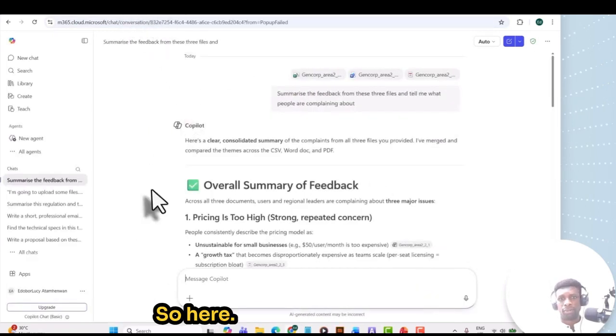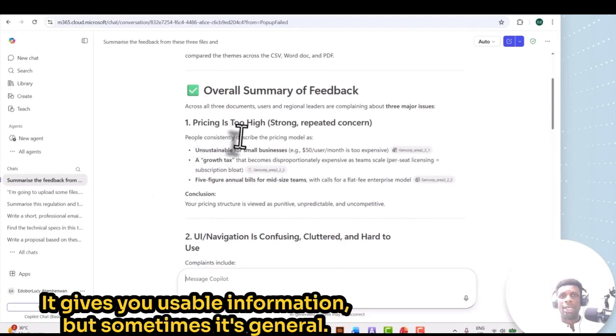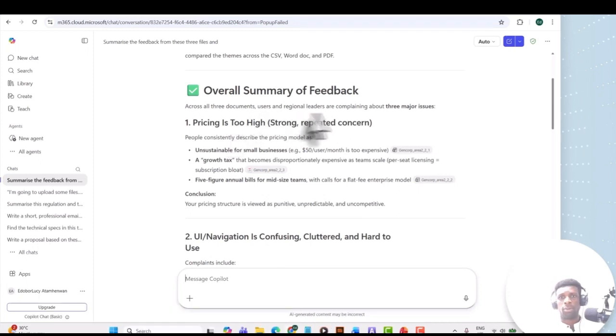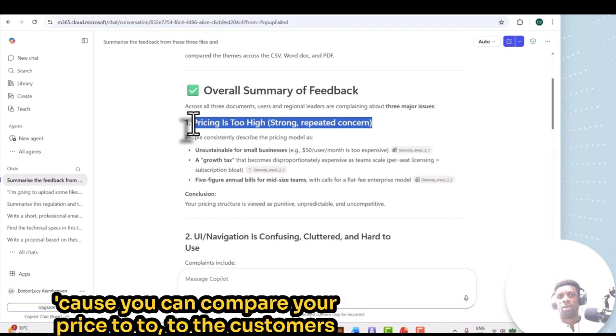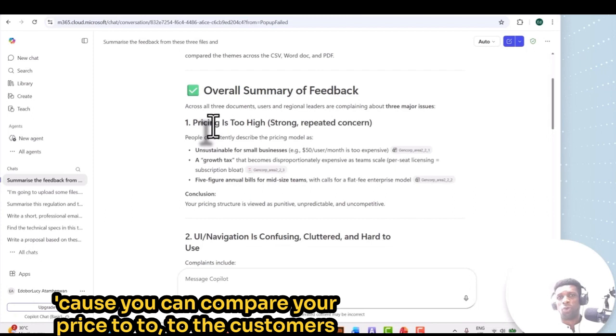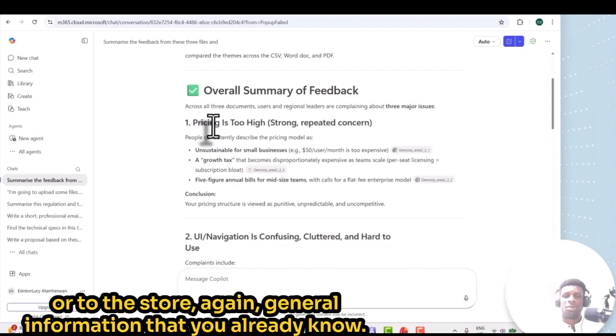So here, it gives you usable information, but sometimes it's general. This one, you might not be able to get insight out of it because you probably know already, because you can compare your price to the customers or to the store. Again, general information that you already know.